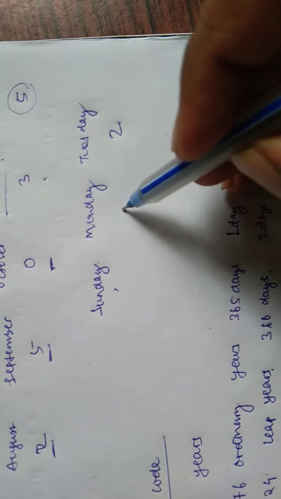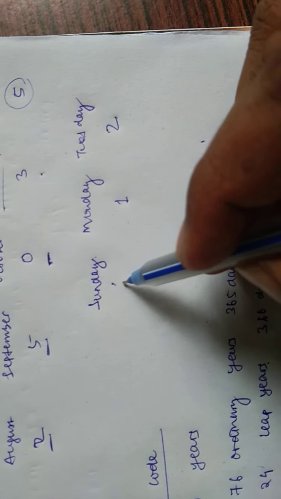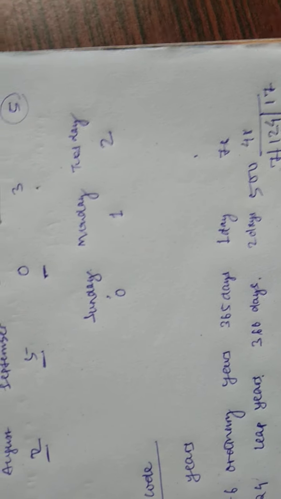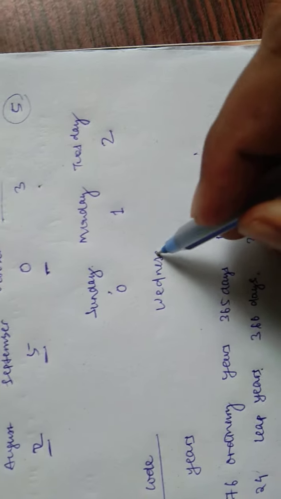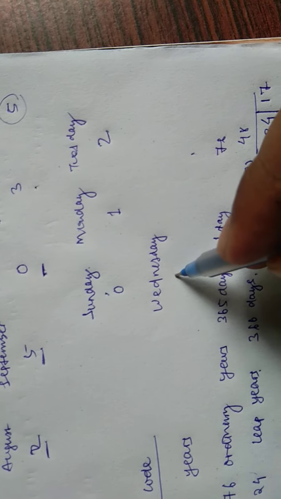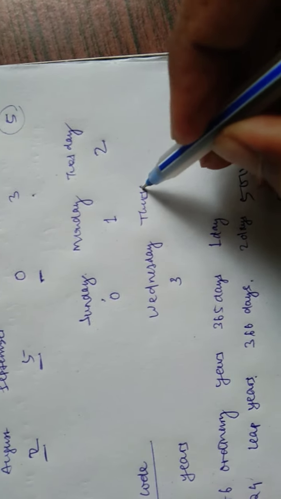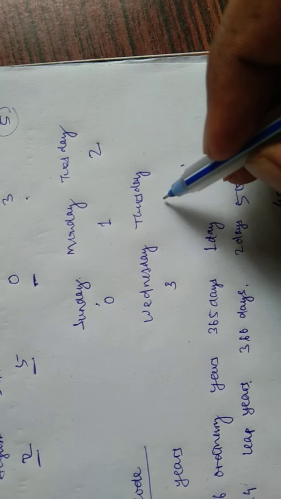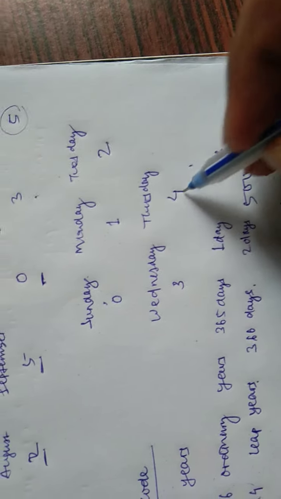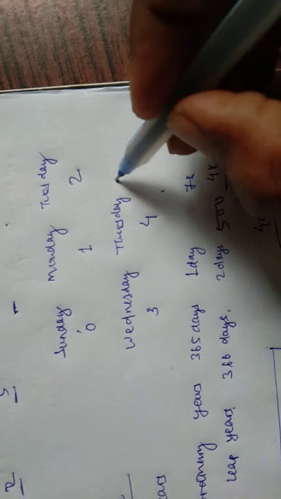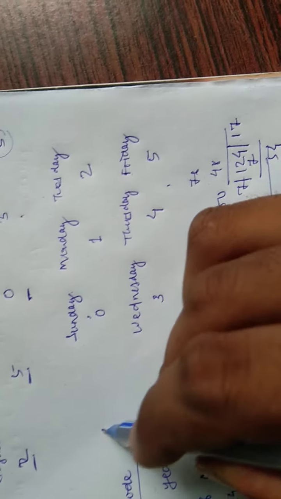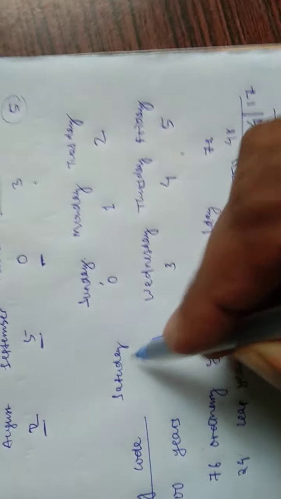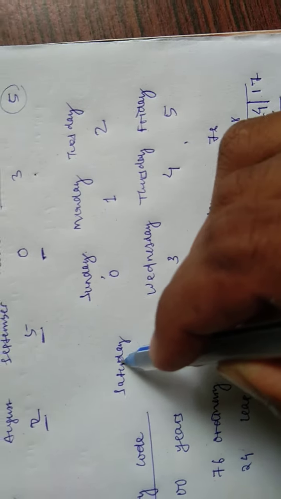And for Wednesday, W looks like 3, so we'll code this as 3. And for Thursday, Thor sounds like 4, so we'll code it with 4. And Friday 5, we'll code it with 5. And Saturday we'll code it with 6.